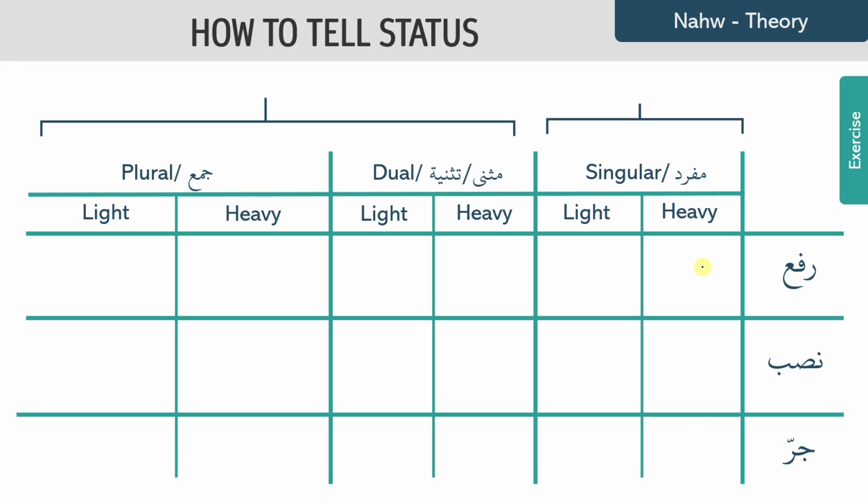So a word that is in halat rafa and it's singular, which you can also say mufrad in Arabic, and it's heavy. We'll talk about light and heavy later, but for now, make sure you learn the table. The i'rab is on the last letter. So for example, Muslimun.